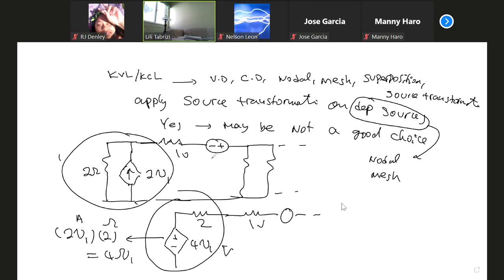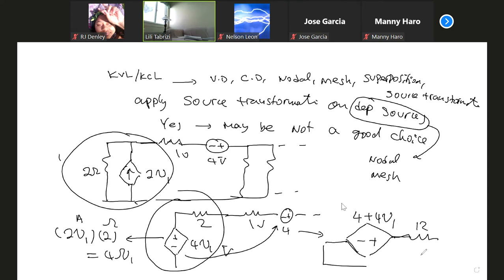Let's say this is 4 volts. You have 2 voltage sources in series. Is it okay to combine them? Yes. But remember, in a combination of dependent and independent, you still have to use the dependent symbol. So I can combine this voltage, which is now 4 plus 4V1, and then I can combine the 2 ohm and 10 ohm, which is 12 ohm. That's okay.